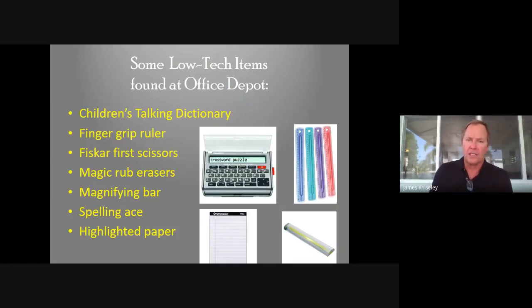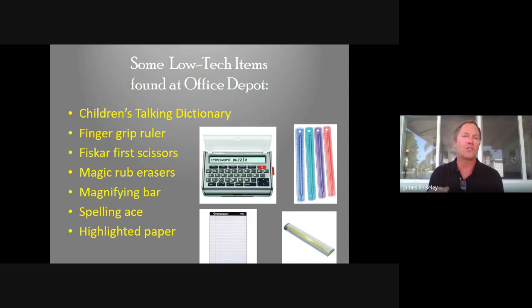Here are some more low-tech tools. Children's talking dictionaries, finger grip rulers, Fiskars first scissors, magic rubber erasers, magnifying bars, a spelling ace, and highlighted paper. A couple of the ones on this page that I'd like to highlight is that magic rubber eraser. Quite often those kids who have, again, attentional issues, they erase very, very hard and they end up with holes in their paper.